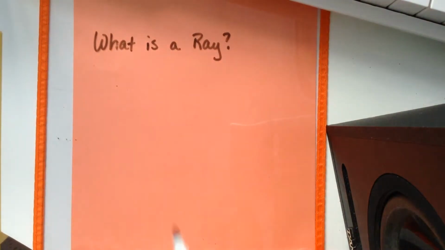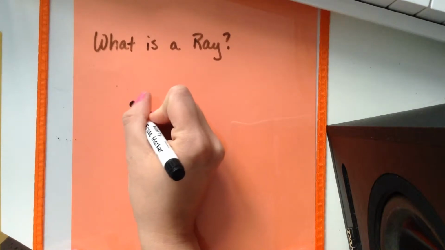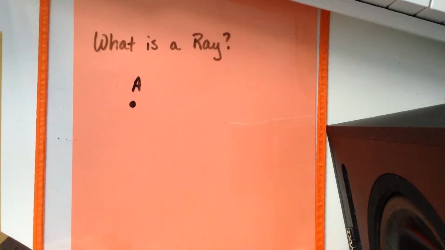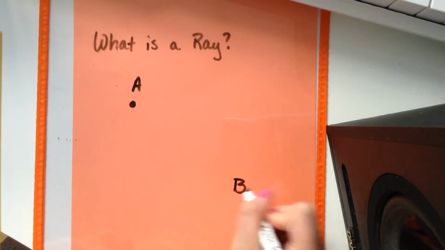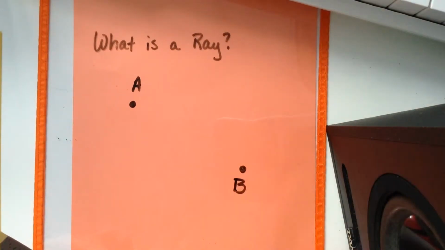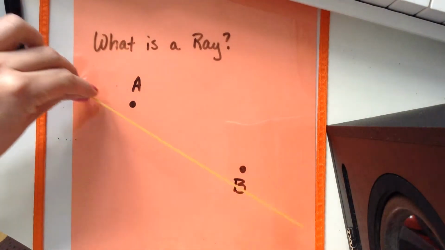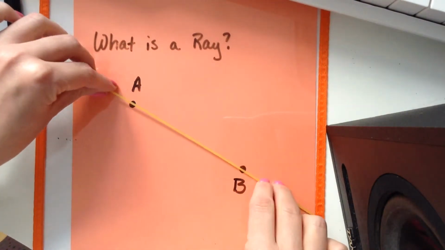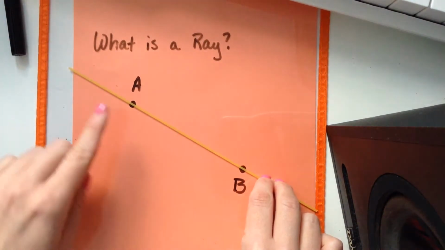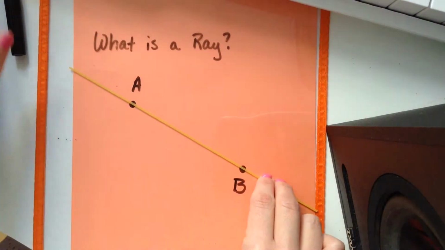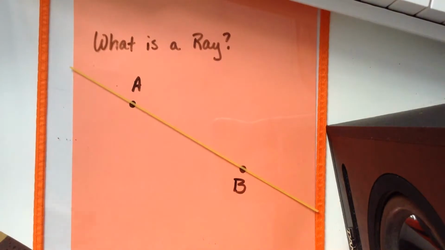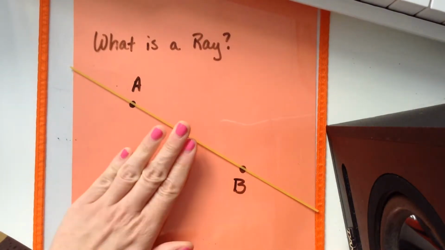So you've probably learned about point A here, and point B. Let's put that here. This is a piece of uncooked spaghetti, and let's put that right on top of points A and B. We're going to connect this to a line for a minute.